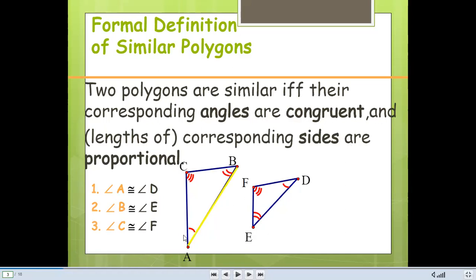The lengths of each two corresponding sides are proportional. So the length of AB over DE, and AC over DF. What is the third one? They should be proportional. What is the third side?